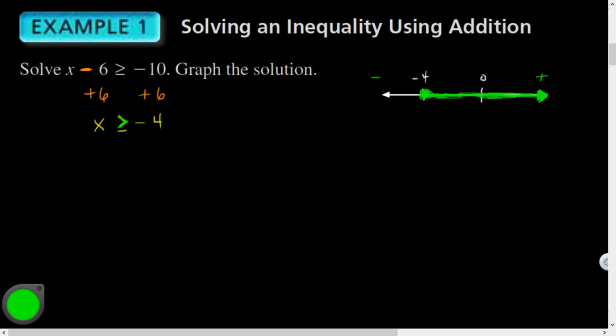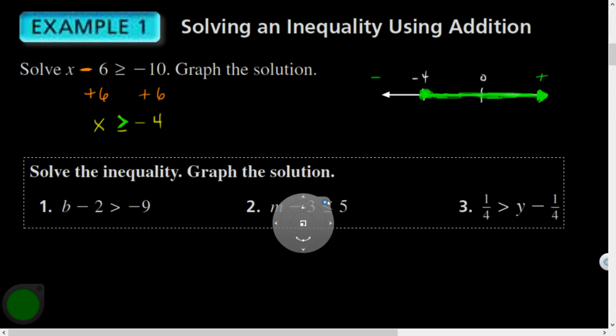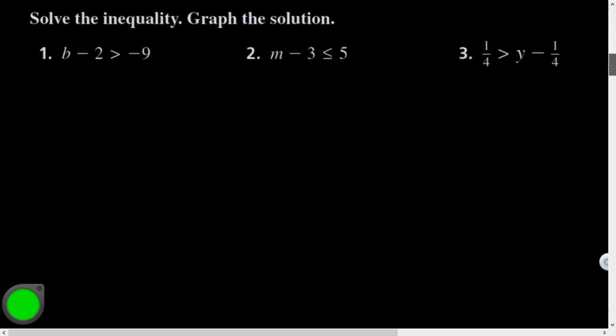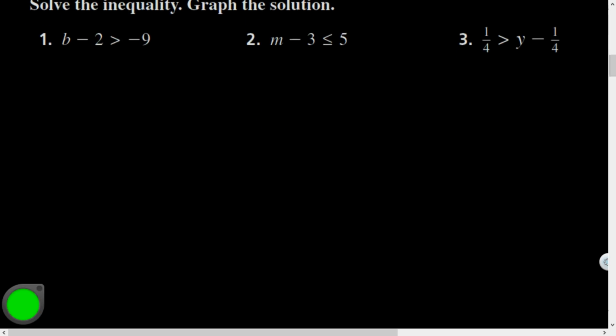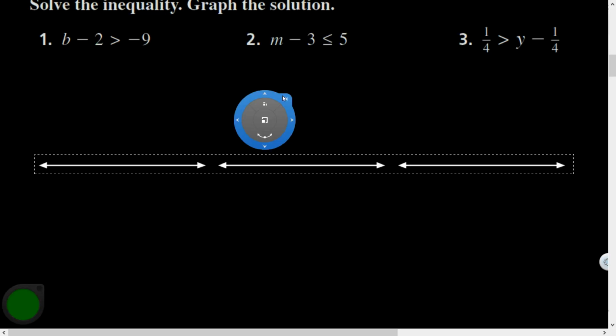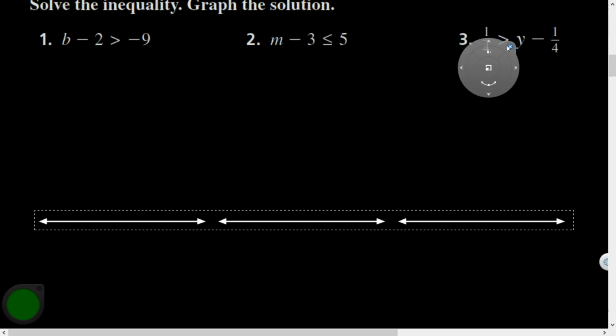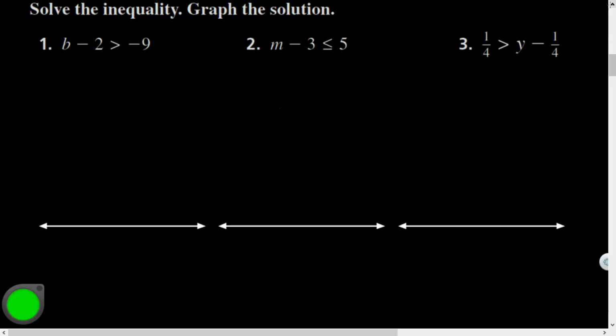All right, so Amity's going to help us with question 1. I've got my number lines, and I'm lining them up. Okay, so Amity just told me to add 2 to both sides.